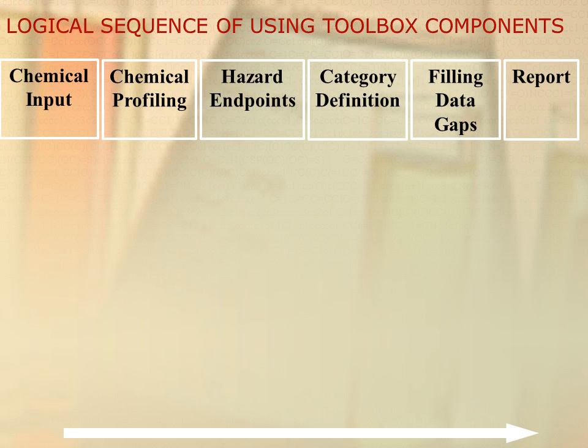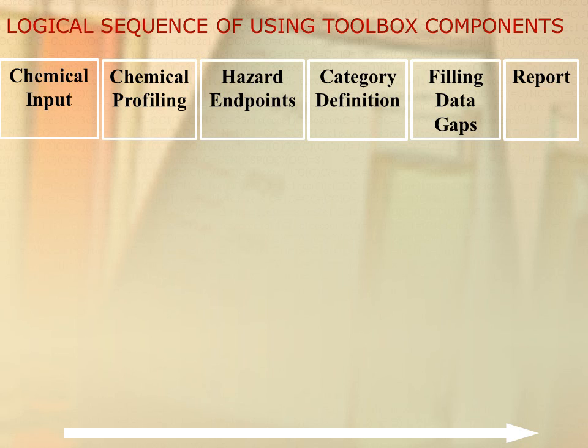You can change and go back and forth between these, but in general you begin by telling the computer what chemical you're interested in, allowing the system to do the chemical profiling.